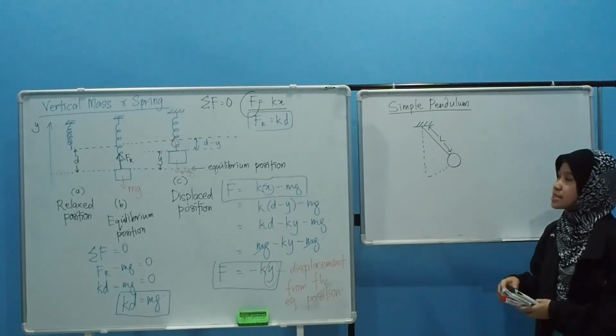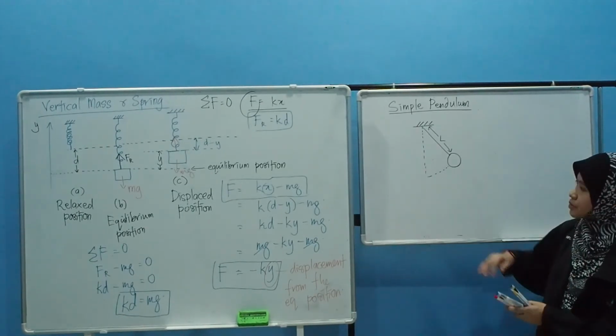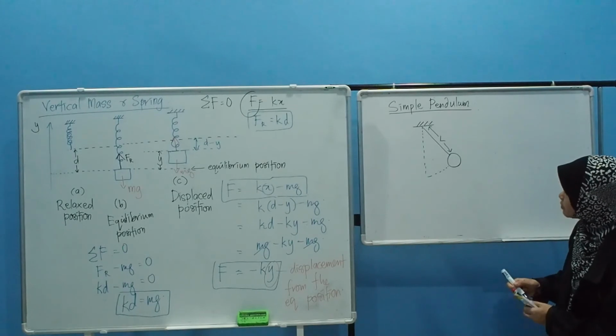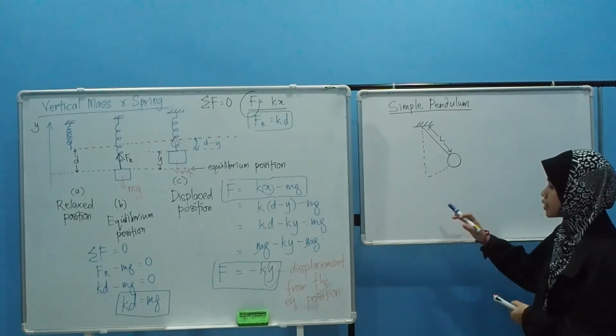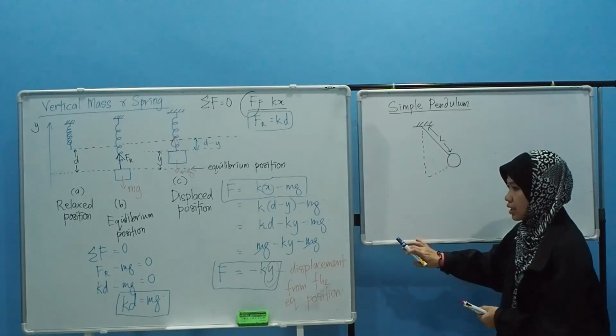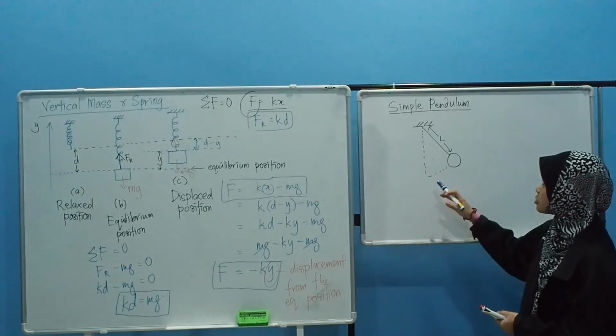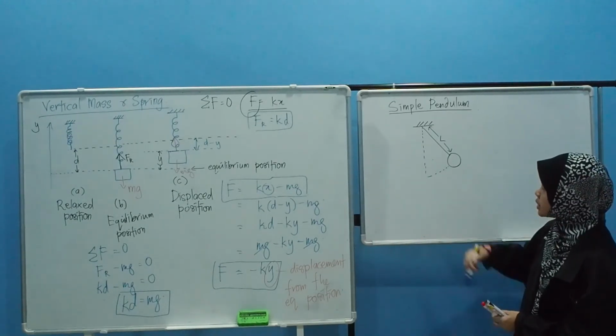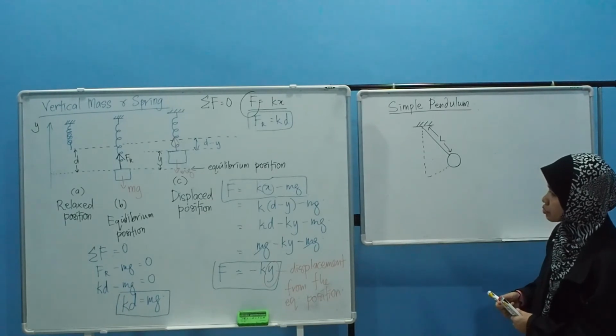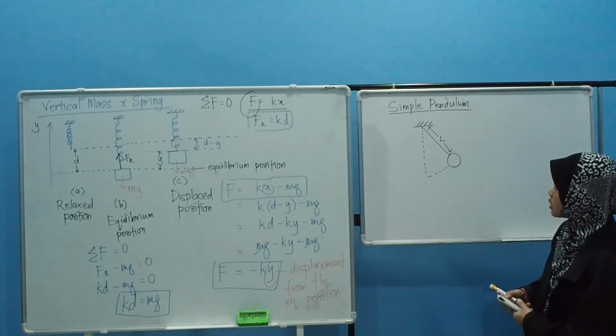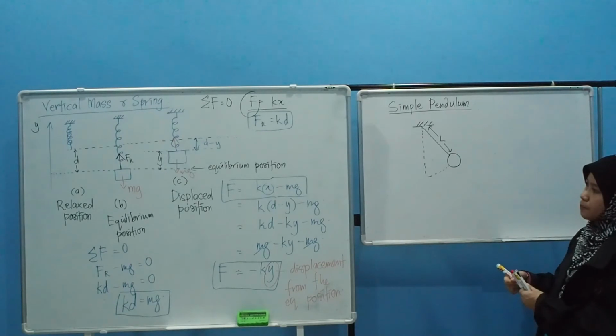And then another one is about simple pendulum. For the simple pendulum, I'm not going to explain details. Here, I just want to tell you the value of angular frequency.